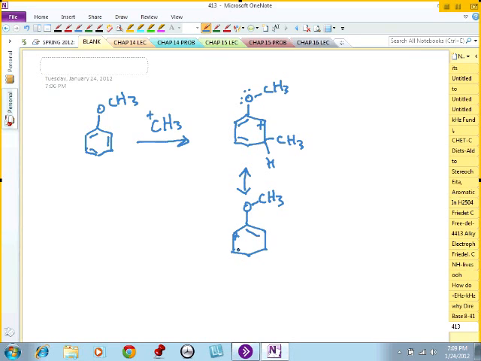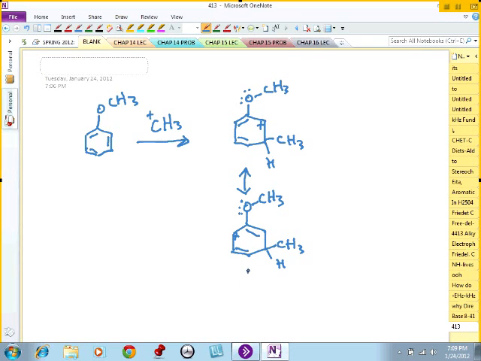The positive charge is here. This is still here. And this methyl is here. Okay? We will draw one more. Notice here, no matter how we move those electrons within the ring, it would not involve this carbon here. And as long as you do not have a carbocation on this carbon, you cannot involve the oxygen. Okay?